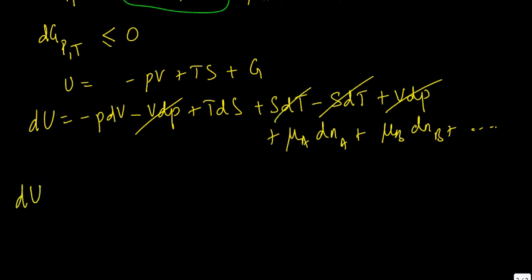So dU is equal to, like we had, TdS minus PdV for a closed system.